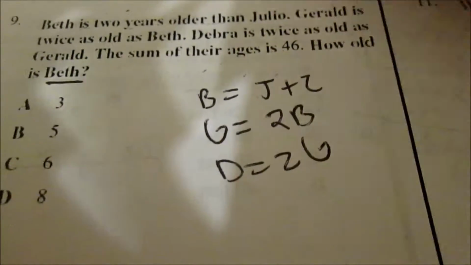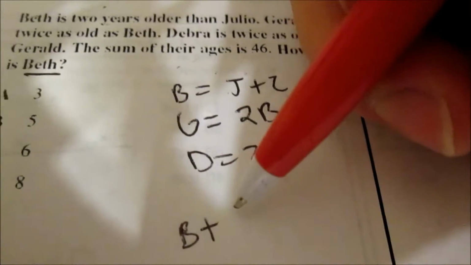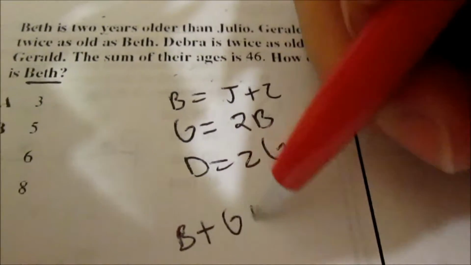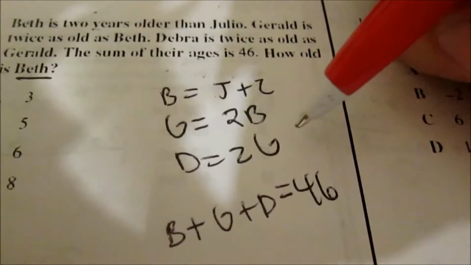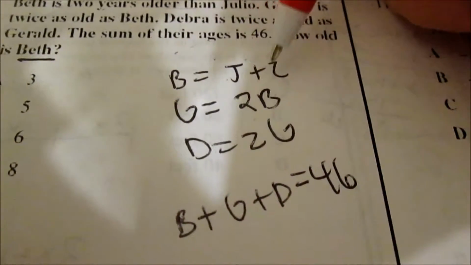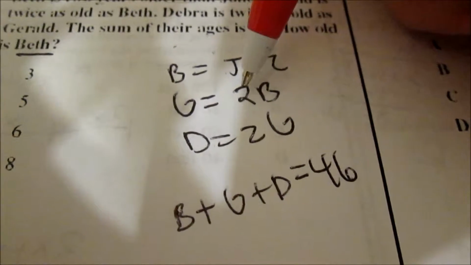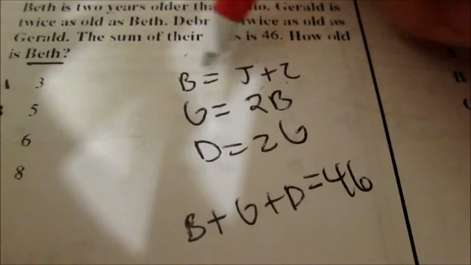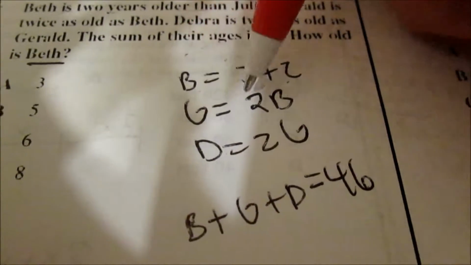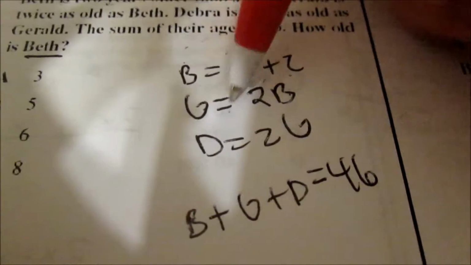How old is Beth? Alright, so what I can do first, after writing these equations, is create another one to show the sum of their ages. Beth plus Gerald plus Deborah equals 46. Now, what I have to do is substitute J plus 2 for B. I'm looking at this from the top, and I'm going to use the next one down, G equals 2B.